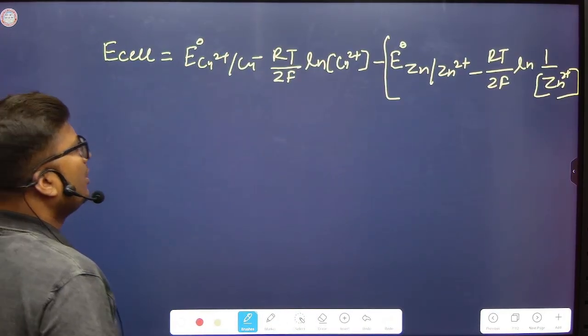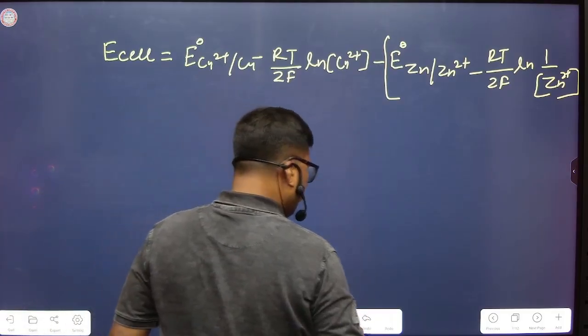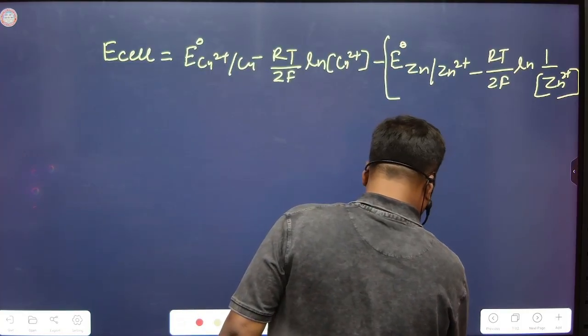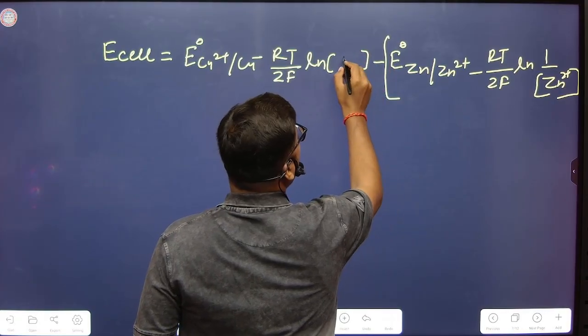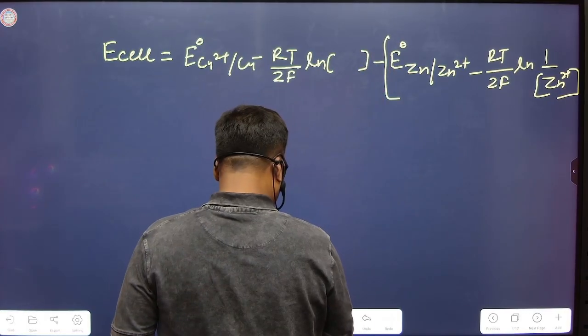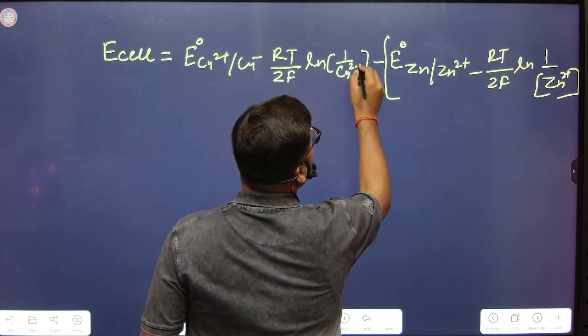So this is your value. Now this is your 1 by Cu2+, so now it can be written as 1 by Cu2+, right?